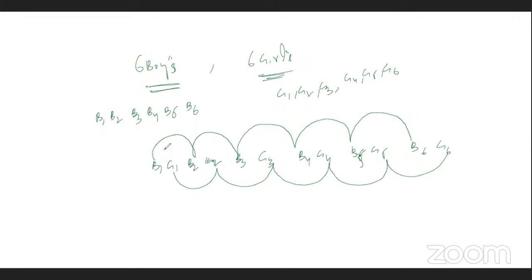Internally arrange means only in these places I am arranging B1, B2, B3, B4, B5, B6. How many places are there? 6 places, sir. 6 boys you should arrange in 6 places. So 6 factorial.